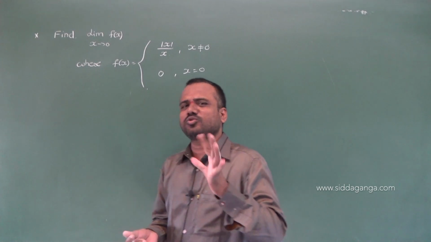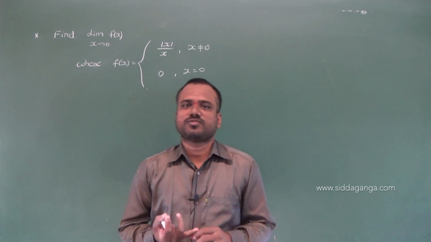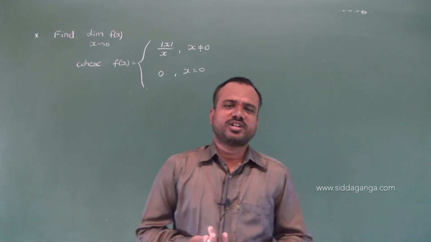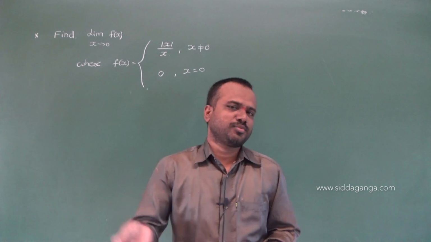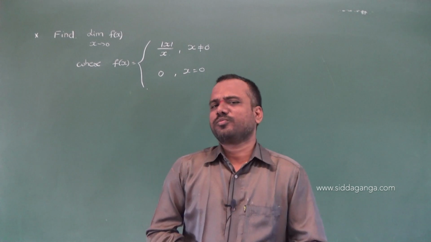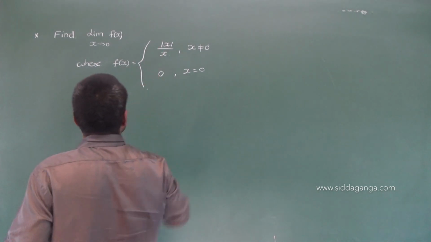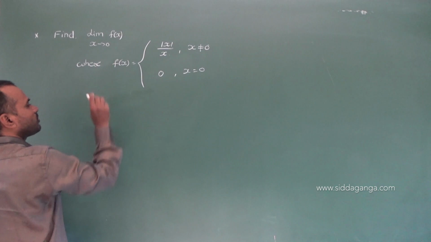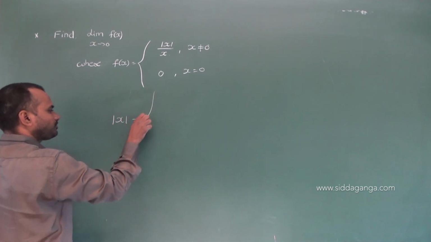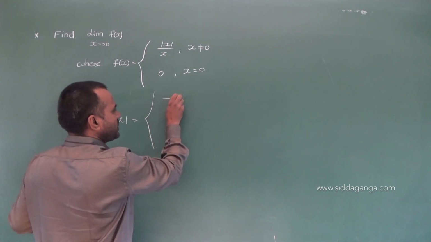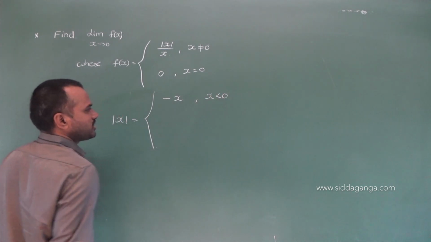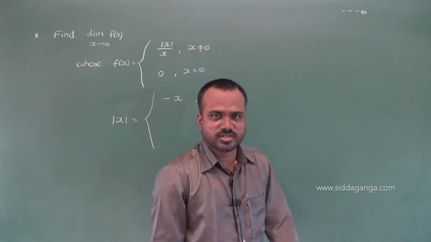Firstly, you know from relations and functions the modulus function, signum function, greatest integer function, reciprocal functions, polynomial functions, all these functions you already know. Once again I explain regarding mod x first, then we solve the problem. Mod x is minus x if x is less than 0.